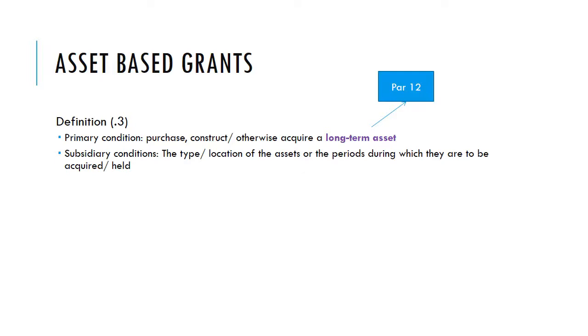Then, as we see, this is a long-term asset. So this means it also links with our paragraph 12, which says that the systematic basis we're going to use is the same as the depreciation charge. So this definition you use to distinguish between what type of government grant it is.